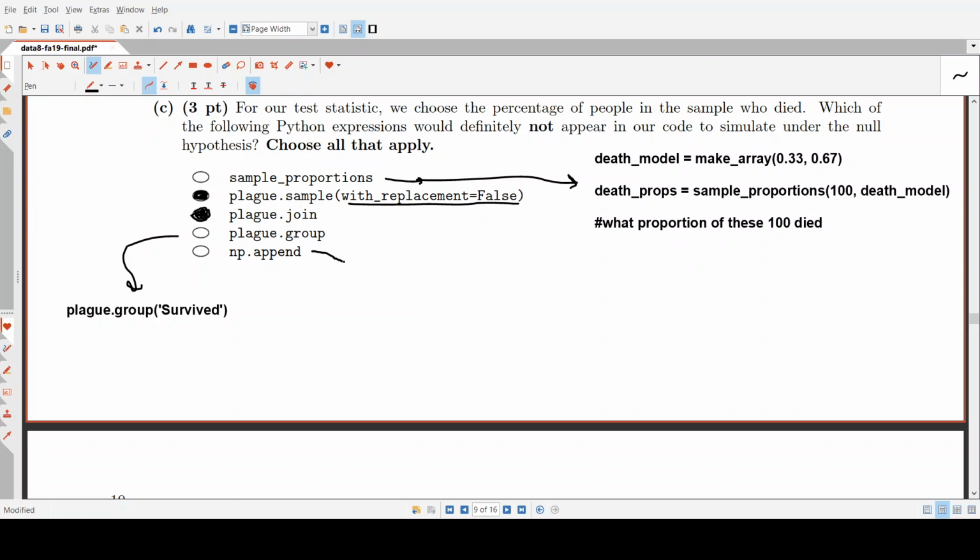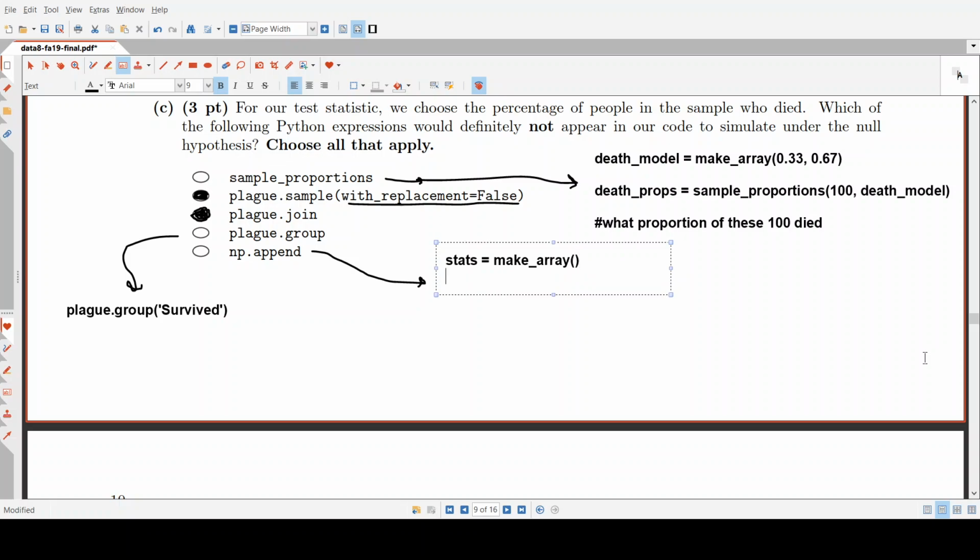So the last one is np.append, and this one is also possible to use. In any example of a simulation, we will definitely use np.append. So for example, stats equals make array, for i in np.arange of 1,000. So we're repeating this simulation 1,000 times.